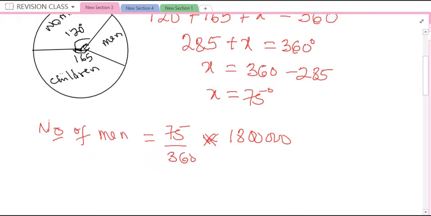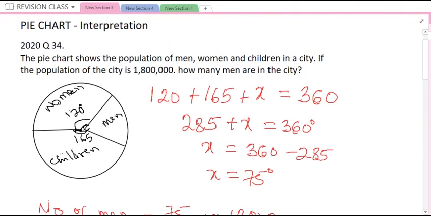So you have 75 times 1,800,000 divided by 360. So your final answer for the number of men will be 375,000.